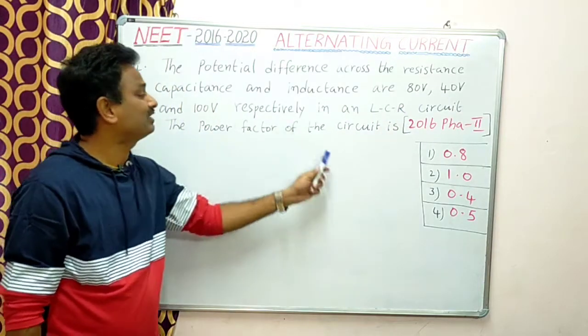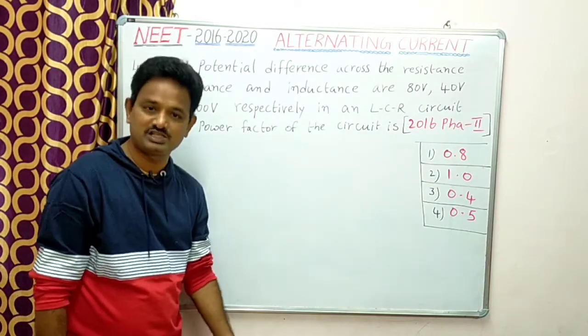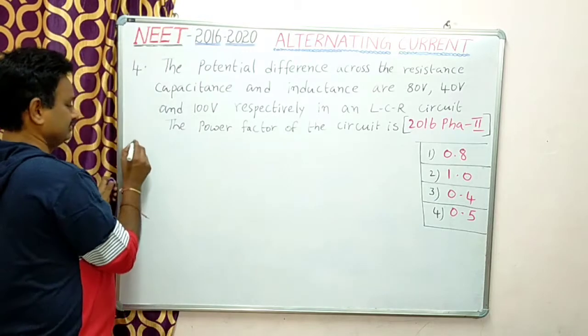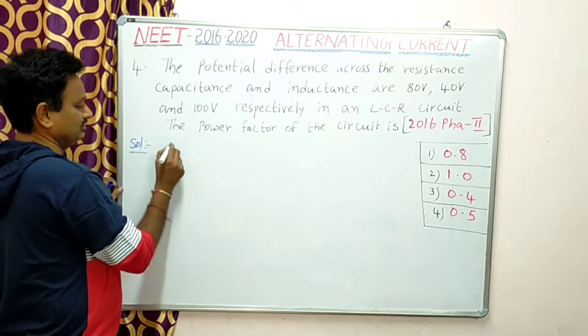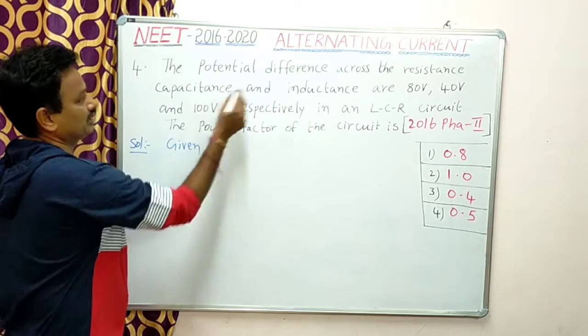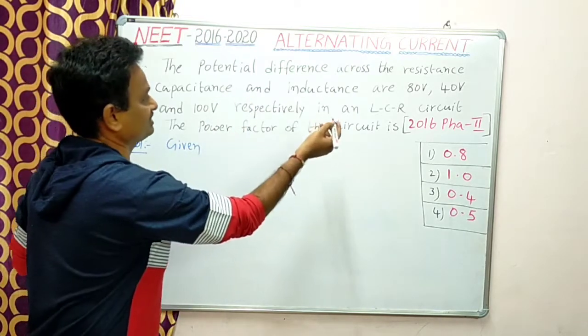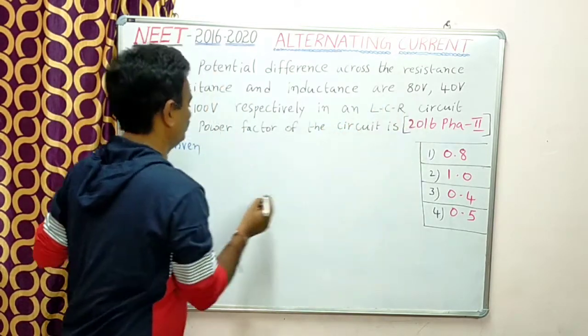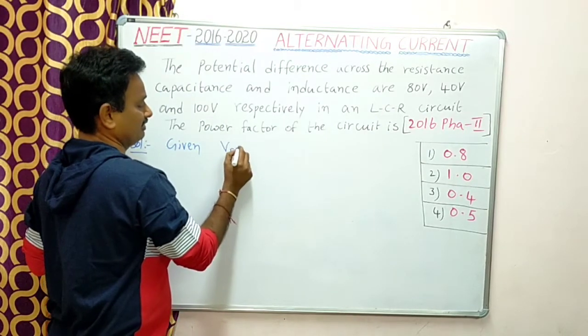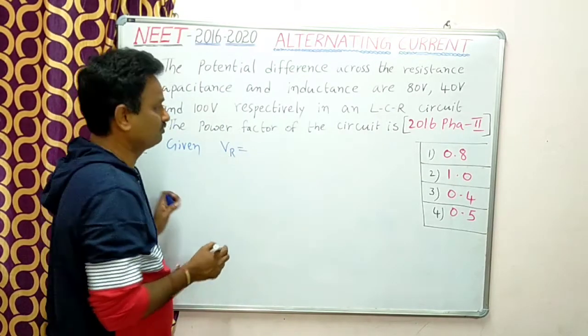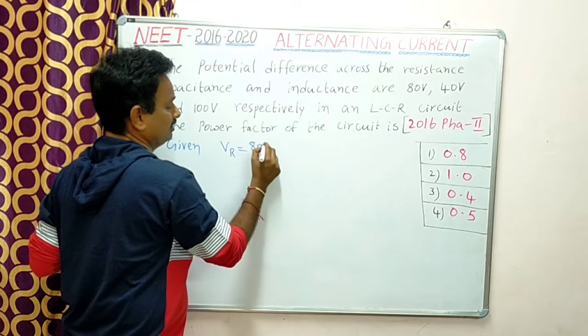The power factor of the circuit is, see, first I will write given data. Given potential difference across the resistance, VR is equal to 80 volt.